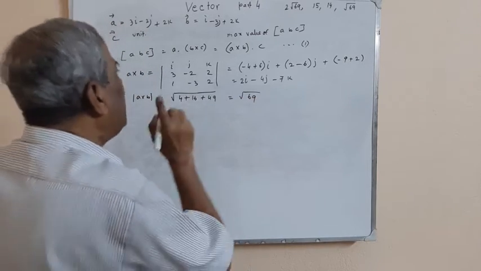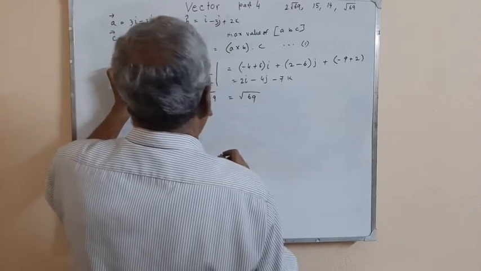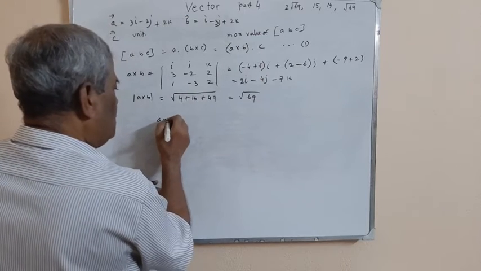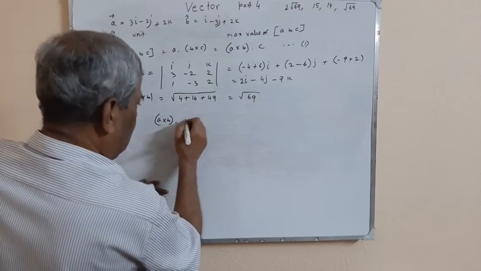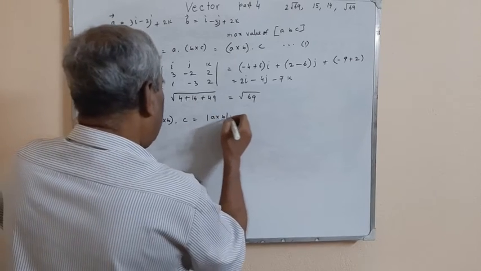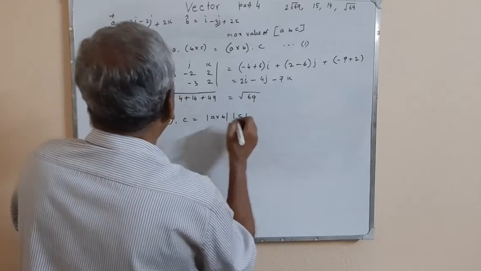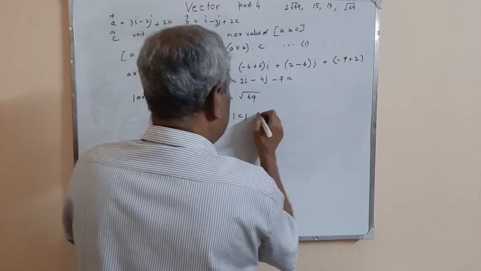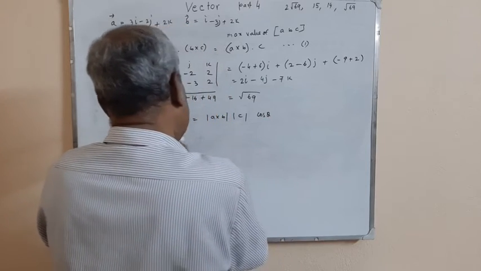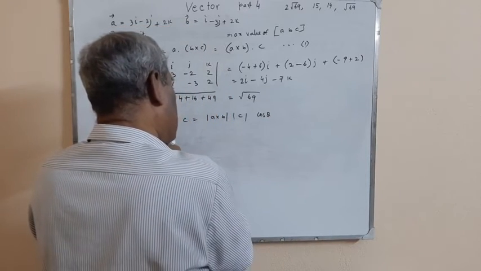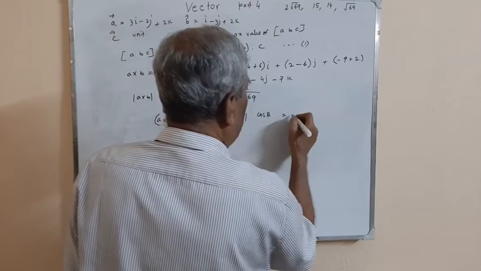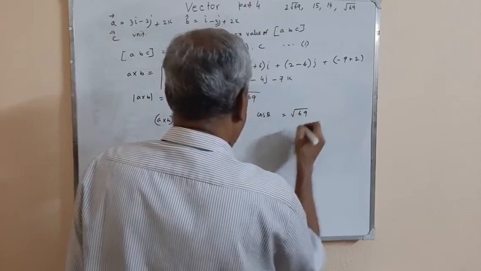Now, we have to find the maximum value of A cross B dot C, which is equal to magnitude A cross B into magnitude C and cos theta, where theta is the angle between this and that. Magnitude A cross B, just now we obtained, is root 69.